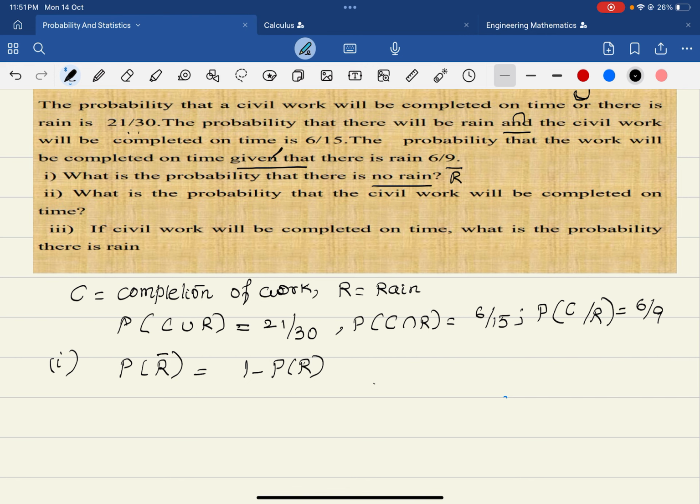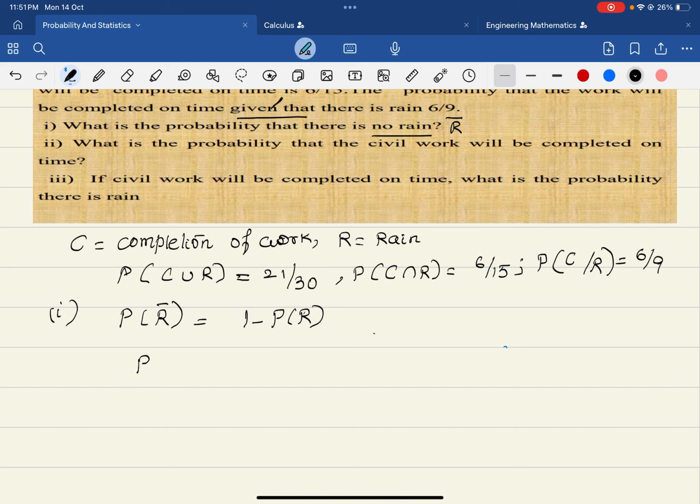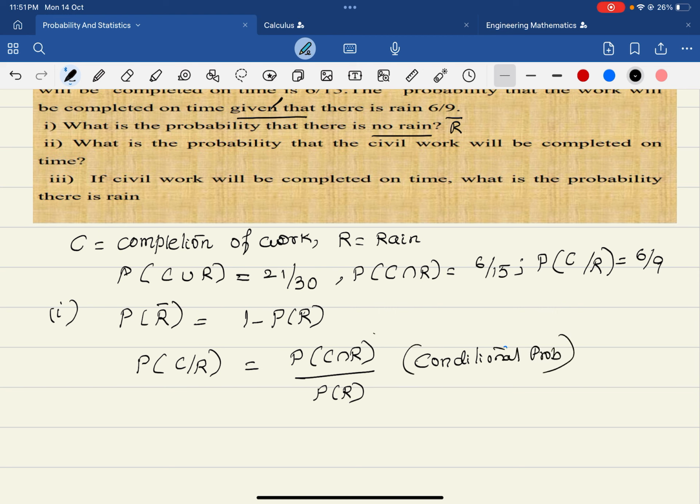Now you don't know what P of R is from this, correct? But you know one thing. What is that? P of C given R. What is the conditional probability definition? P of C intersection R over P of R. Now what is P of C intersection R? 6 over 15.